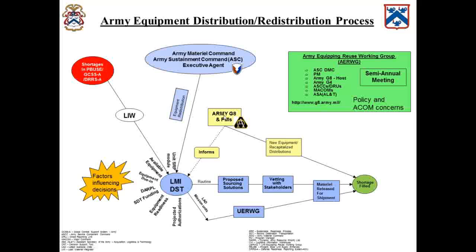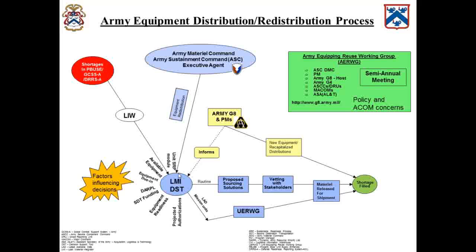All 3 of these have information that's going into the LMI DST, the Lead Materiel Integrator Decision Support Tool. So you see the different types of information going into it. The unit's sending information into the Logistics Information Warehouse through PBUS, GCSS-A. You have the Lead Materiel Integrator providing the equipment distribution piece: hey, this is how we see equipment being redistributed across the Army.